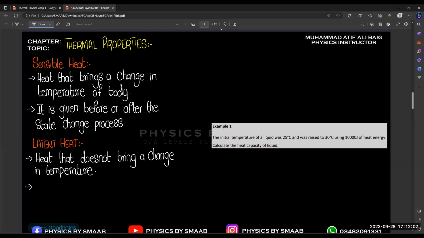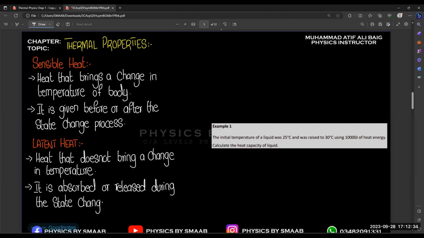And further, it is absorbed or released during the state change process, right?